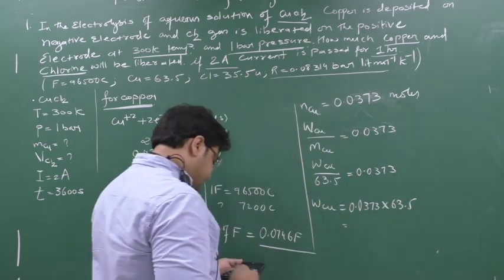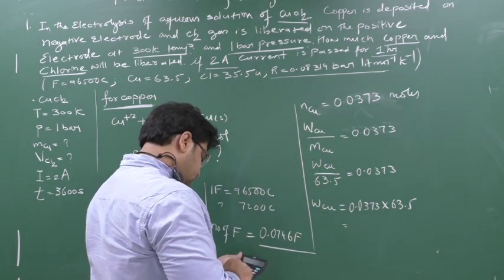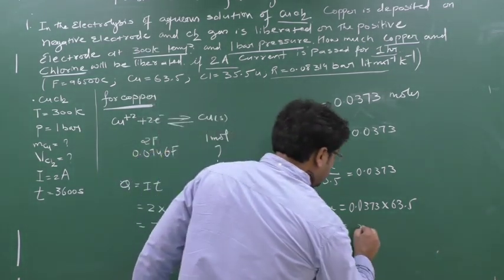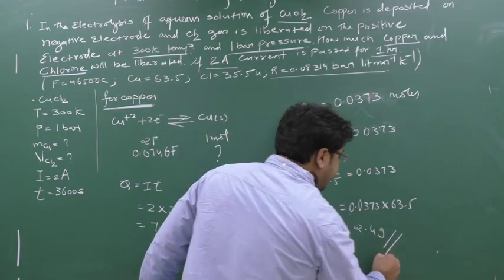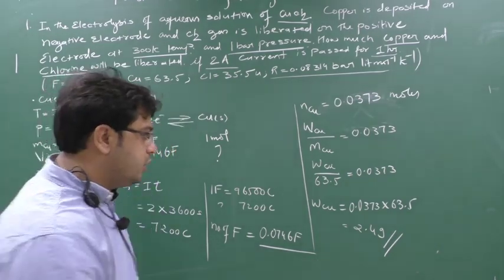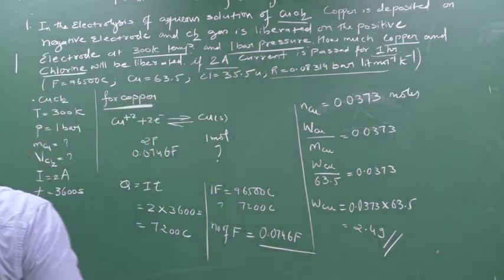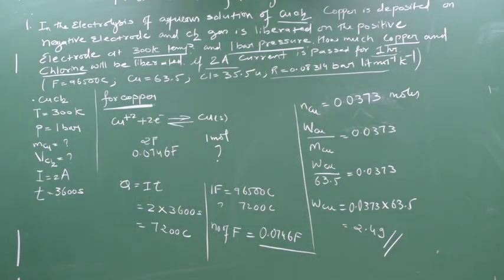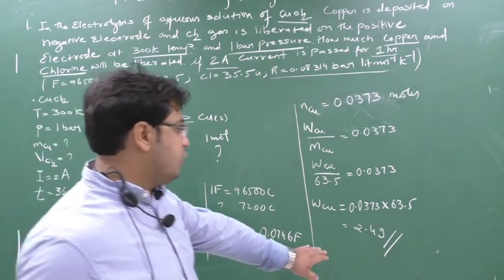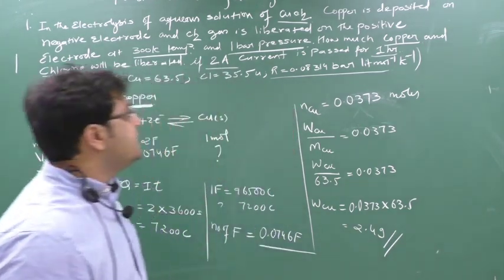The answer I will get is 2.4 gram. Actual answer is 2.36, but I am rounding off to 2.4 gram. So the weight of copper I will get is 2.4 gram. Clear this part? Clear? So 2.4 gram copper will be deposited.